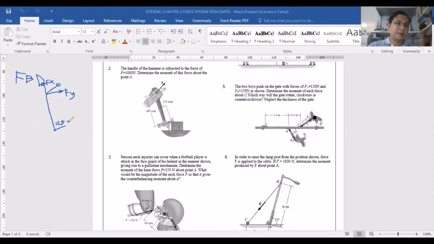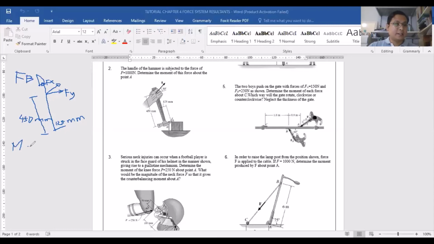Okay, you should understand that the unit given by the question is in millimeters for distance. After finishing your FBD, now you try to derive the equation.